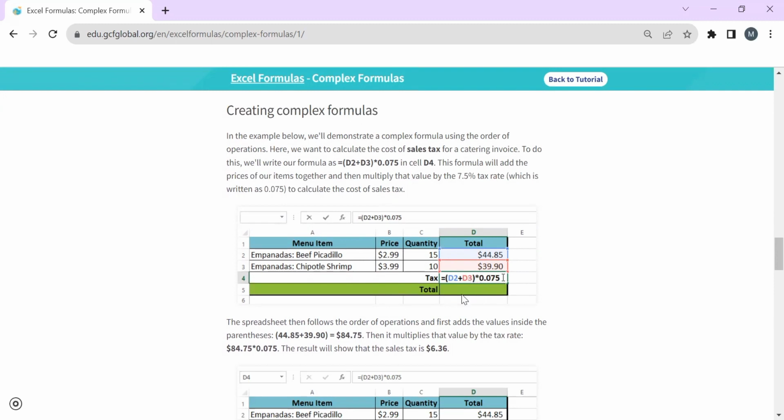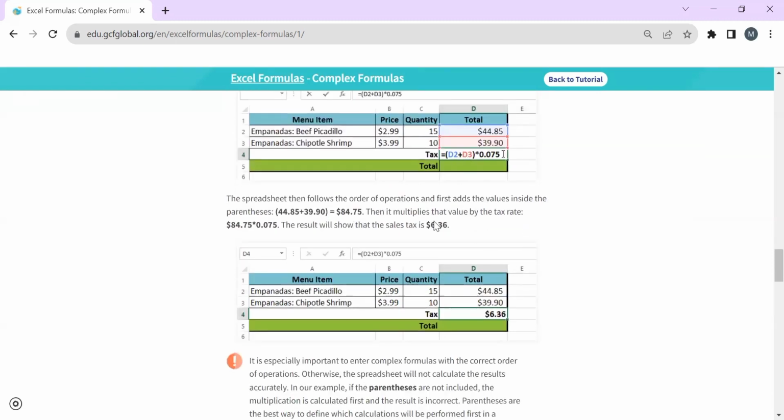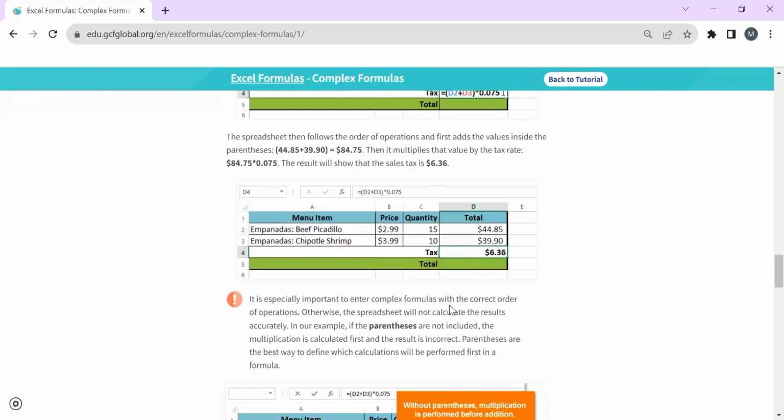So, kung wala yung parenthesis na yan, ang unang calculated ni Excel is D3 multiplied by 0.075, which is yung answer is magiging mali na, di ba? So, kailangan may lagyan ng parenthesis para makuha talaga yung gustong makuha.